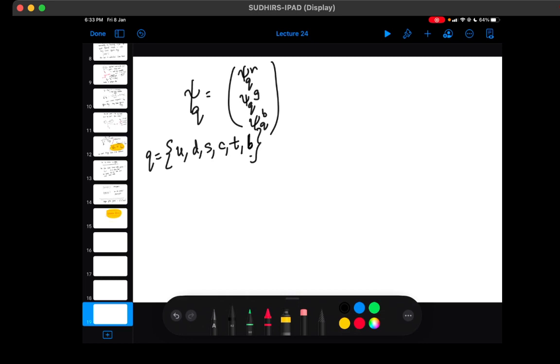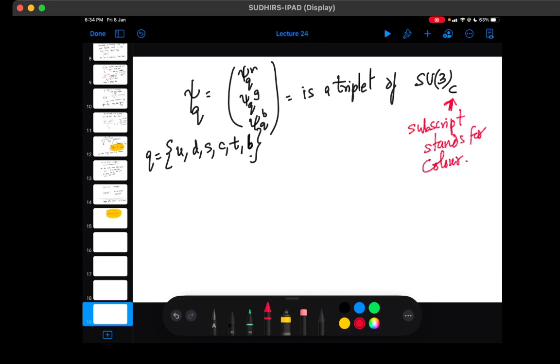Here the C is a subscript which stands for color, to distinguish it from the SU(3) of flavor which we have seen in the previous lectures.